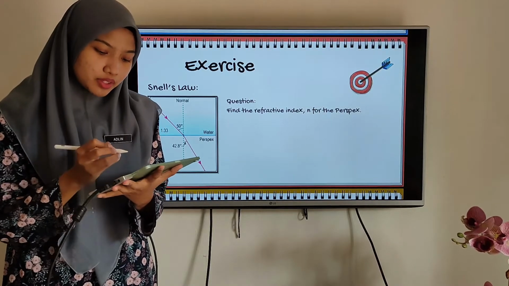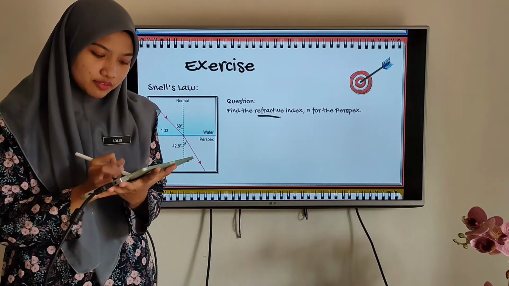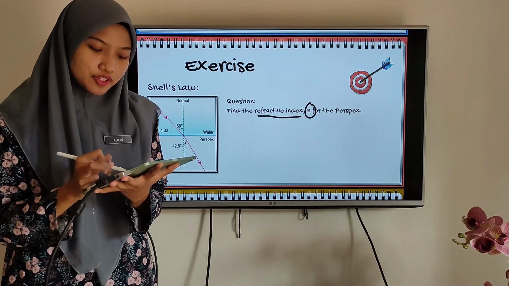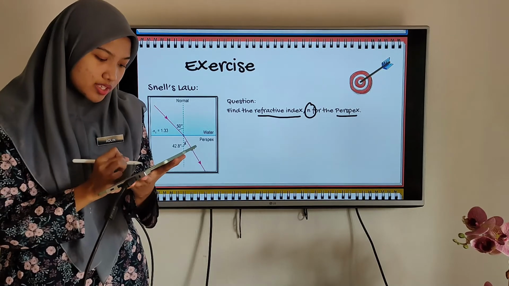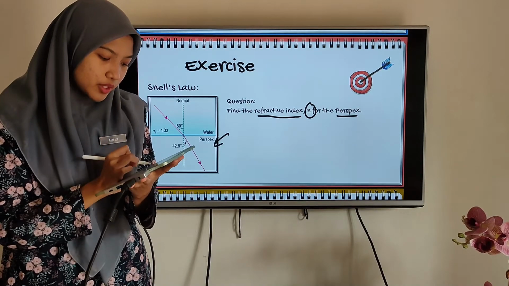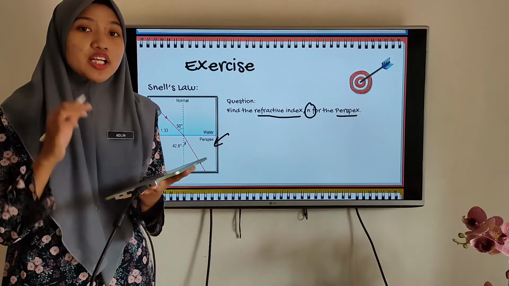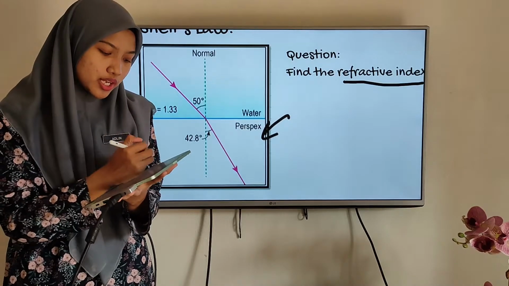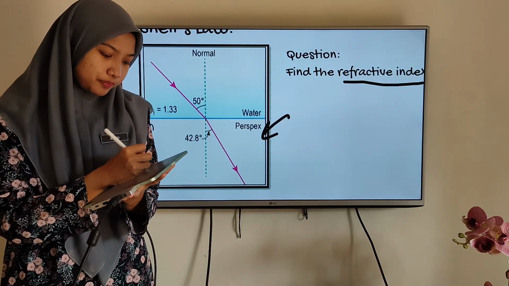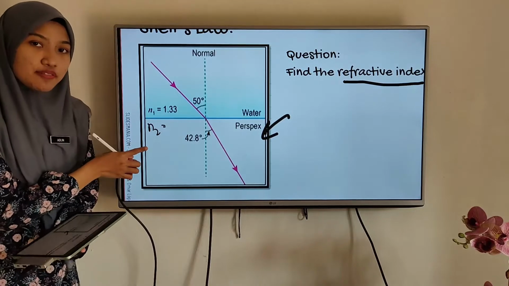Find the refractive index for the perspex. So where is perspex here? We know that we don't have n2.